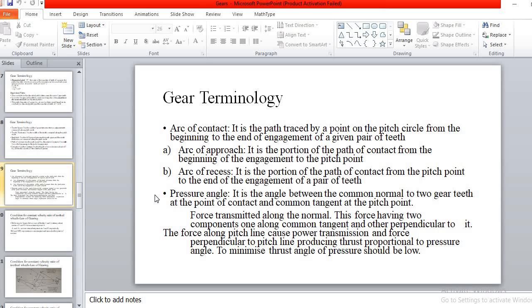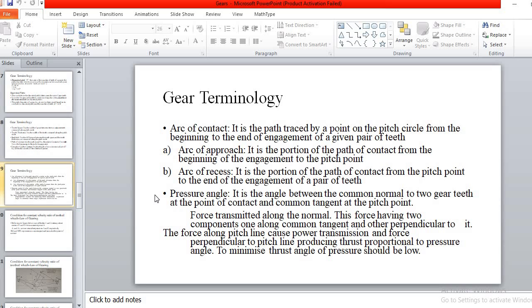The other component, perpendicular to the pitch line or common tangent, produces thrust, and it is proportional to the sine of the pressure angle or angle of obliquity.